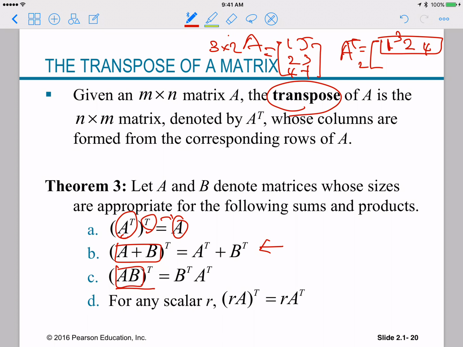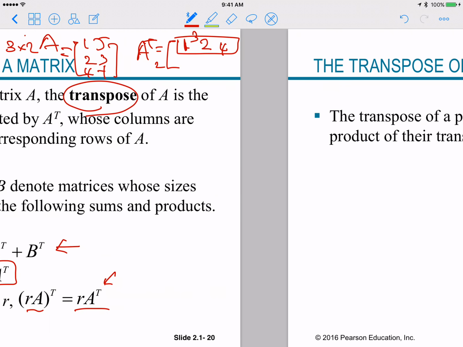The transpose of a matrix multiplication will be the same as the reversed order of the individually transposed matrices. Okay, and then a scalar multiple will also be converted into this.